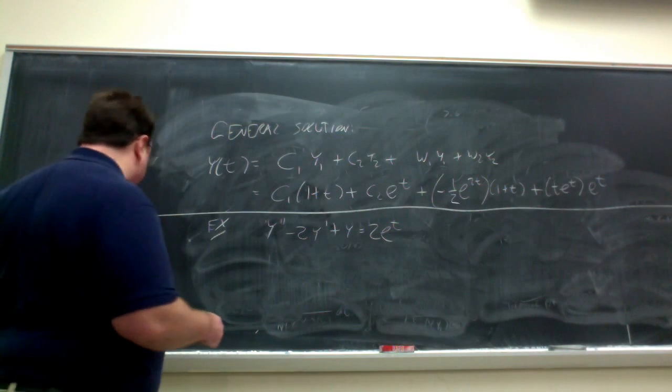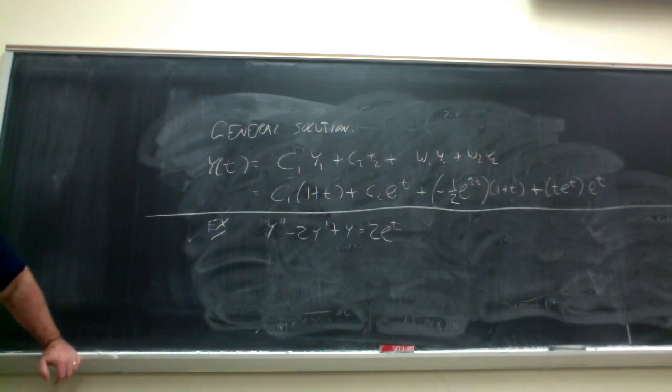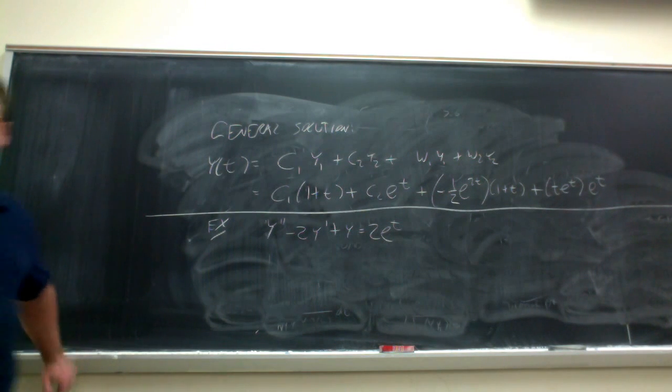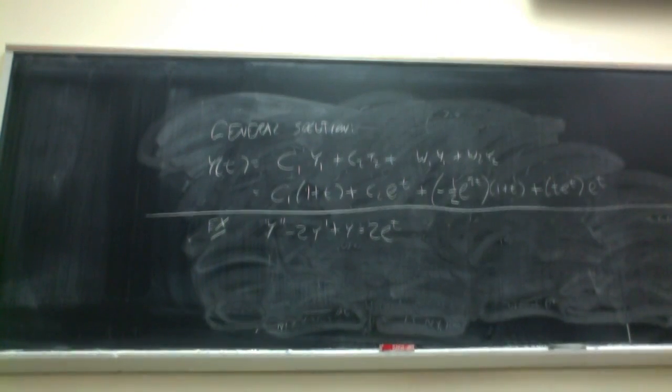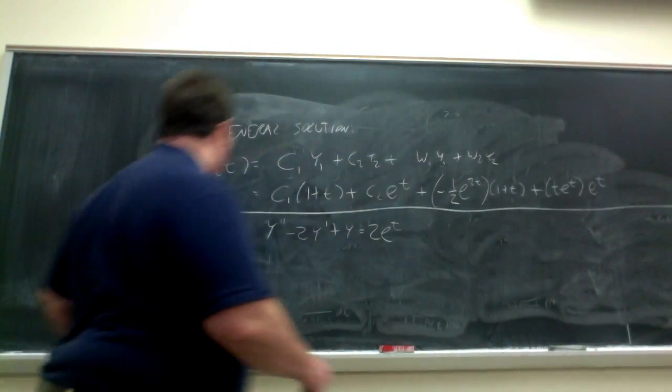So in order to get the y1 and y2 that you end up needing for everything else, what's the first thing you should do? Make it a homogeneous equation. Yeah, so we look at the homogeneous equation.